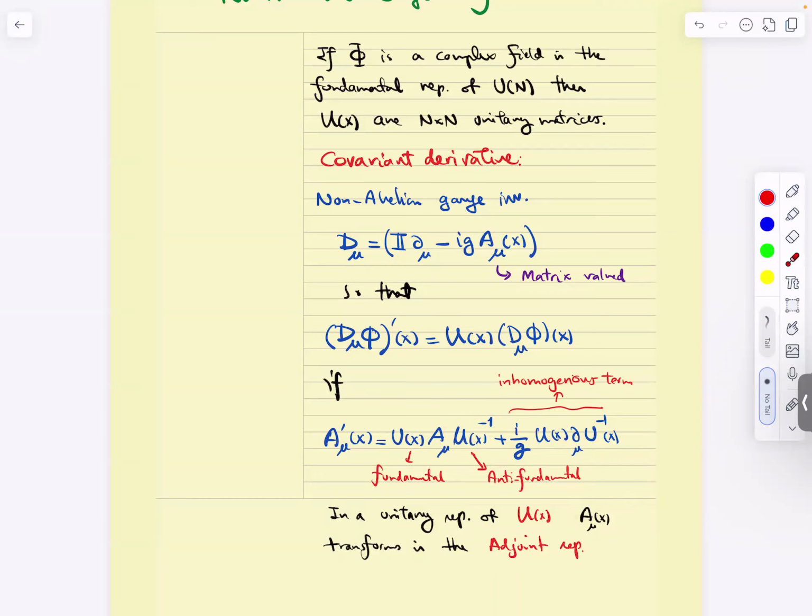So a mu of x transforms in the adjoint representation. If you have charged particles in the fundamental representation, then your corresponding gauge field transforms in the adjoint. If your field is in some representation R, the gauge field transforms as representation R on the left and the anti one on the right.